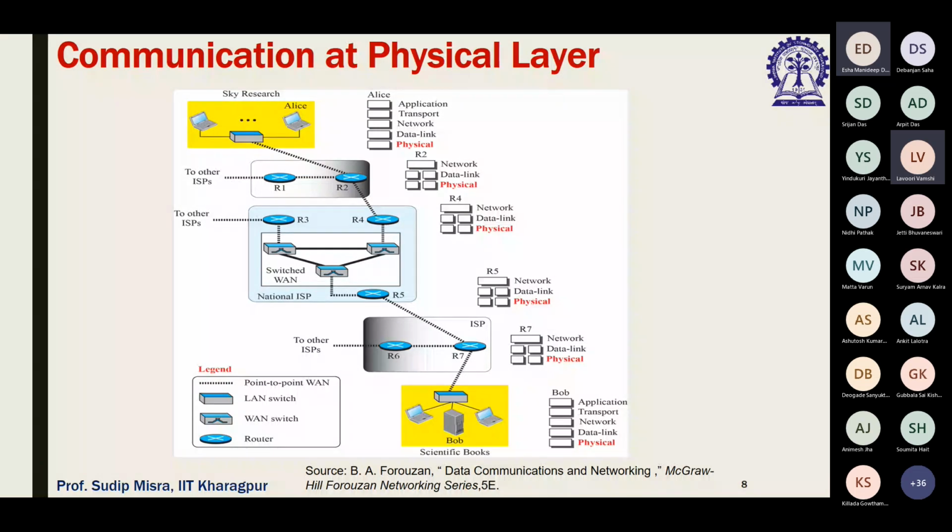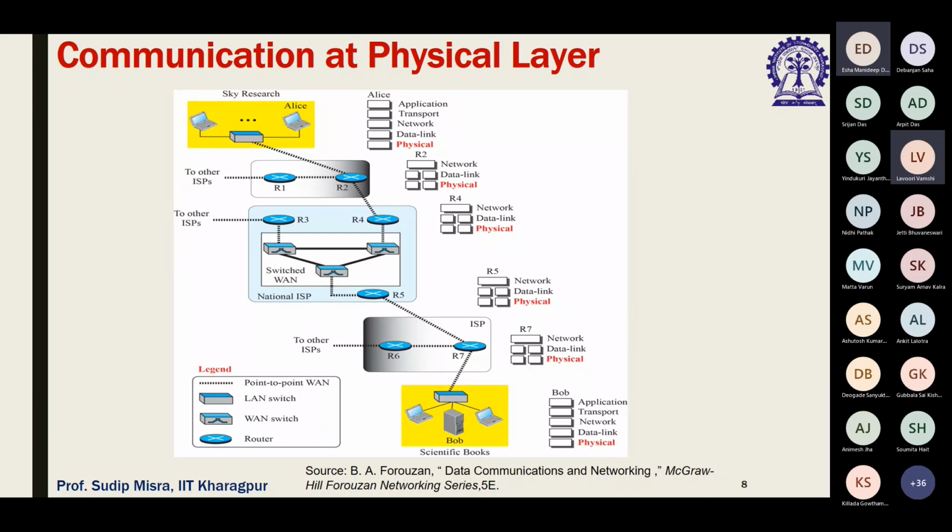For this, our focus today is going to be on something called the physical layer. As I told you, these different layers I am going to introduce in the next lecture next week. So let us understand how physical layer communication takes place.